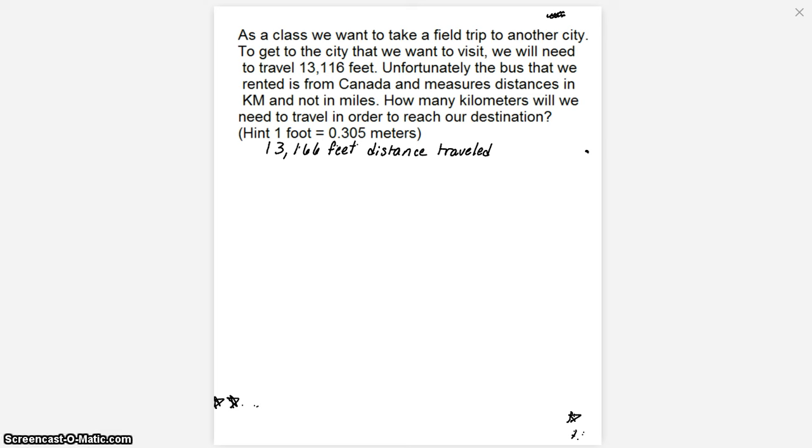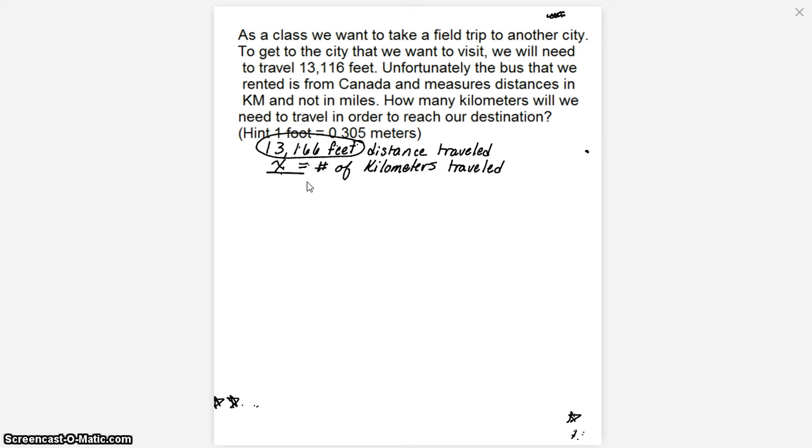So we do this in math by writing our variable. I like to use x, so I'm going to write x is the number of kilometers traveled. Okay, so I need to get from this amount of feet that I know to how many kilometers that is, and the information I am given is that 1 foot is 0.305 meters.